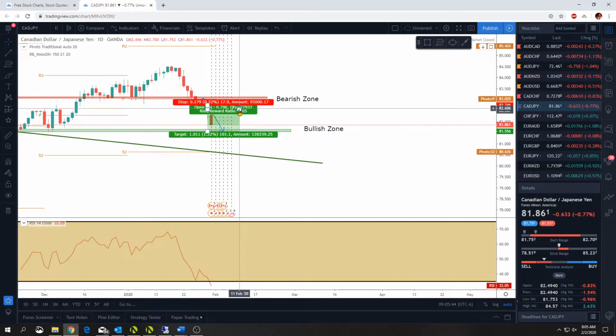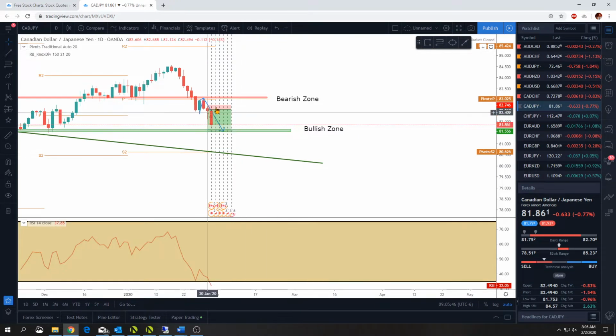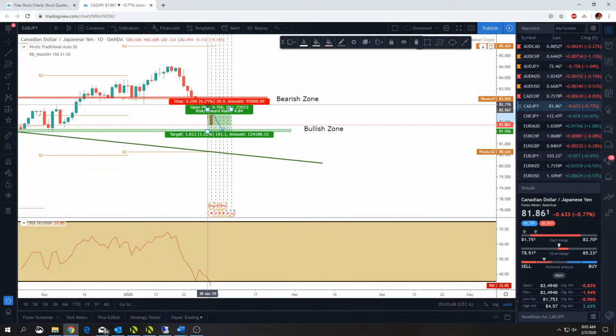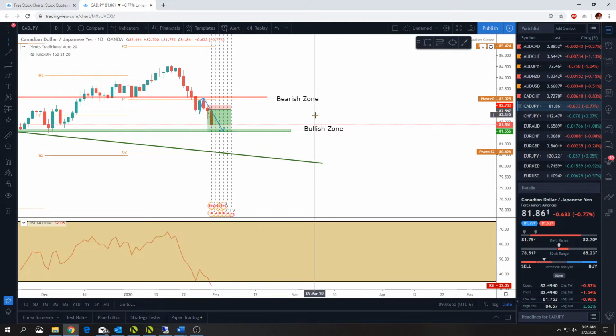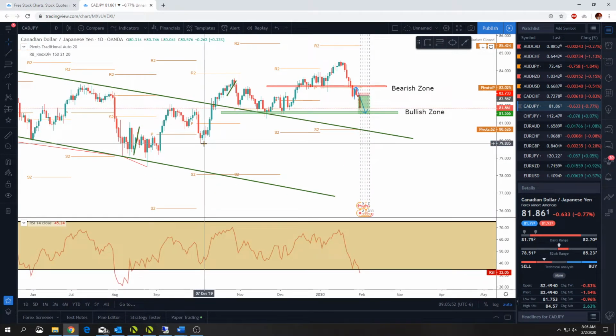I actually personally think we're going to start seeing strength in the JPY because of the turmoil going on with this coronavirus, topping out of the U.S. stock market. I think people soon will be looking to go to safe haven currencies, from the dollar.